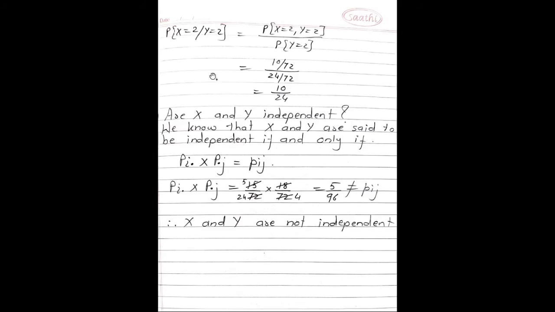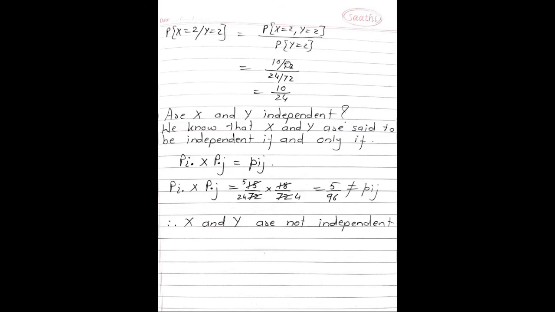And third part, x is equal to 2 given y is equal to 2. So probability x is equal to 2 given y is equal to 2 is equal to probability x is equal to 2, y is equal to 2 divided by the marginal probability y is equal to 2. Now x is equal to 2, y is equal to 2, we have to see the probability. The answer is 10 by 72.